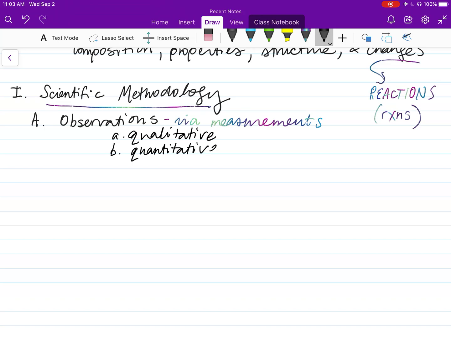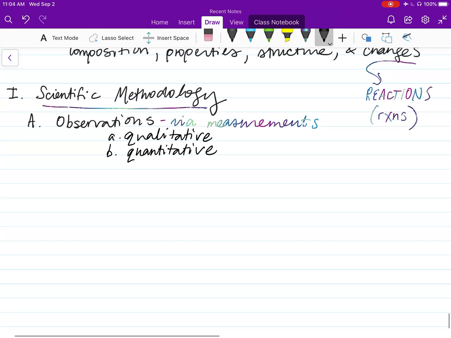So quantitative measurements would consist of a number and a unit. An example of a quantitative measurement would be weighing something on a balance and recording its mass, for instance. You would record its mass with a unit such as grams. So observations, which are really just a series of measurements, can be both qualitative and quantitative in nature.